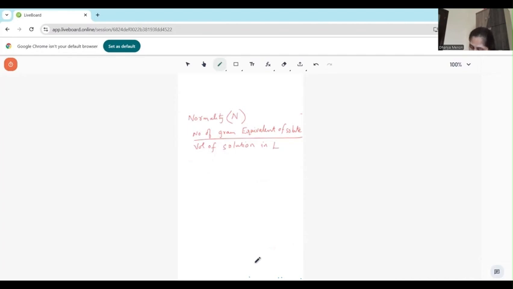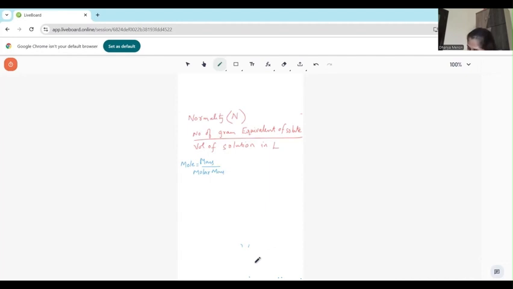How do you find the number of moles? It is mass in grams over molar mass. We have been doing this, we did so many sums based on this, right? Mass over molar mass.